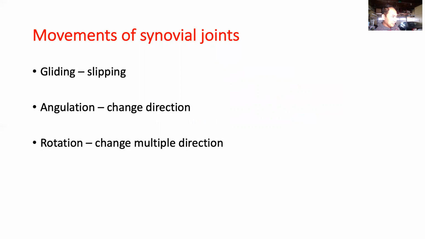You can move nearly 360 degrees. The example for angulation is your elbow joint. You can flex it and you can extend it. You cannot do much more. Gliding is one bone gliding over another. The best example is the little bones in our wrist joint.